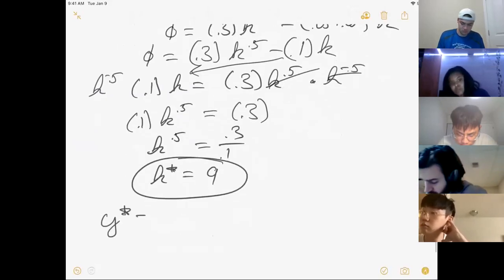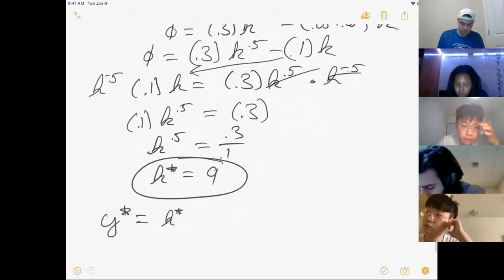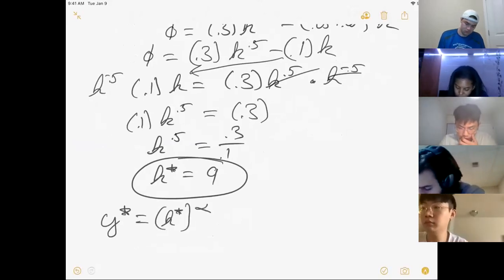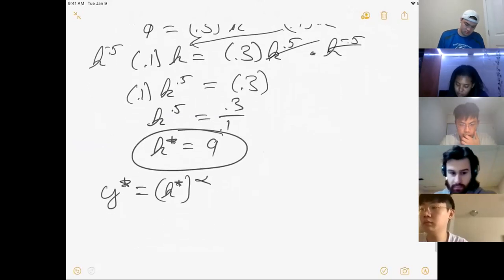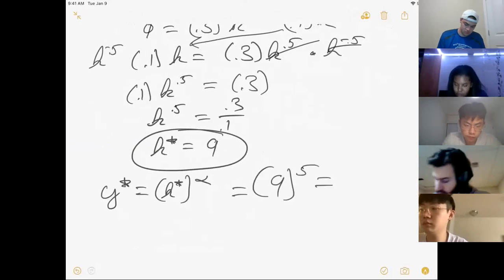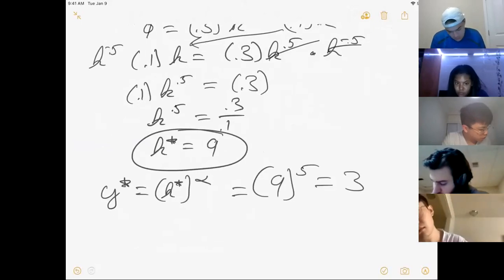And then what is Y star? It's just K star to the alpha power, right? So Y star is equal to 3. That should be a 0.5.